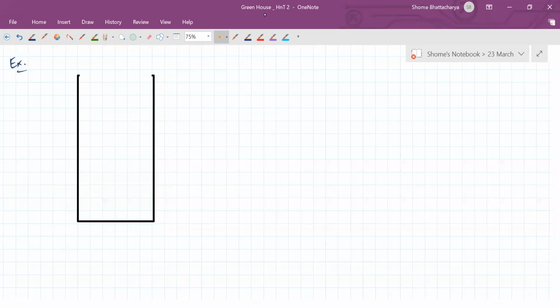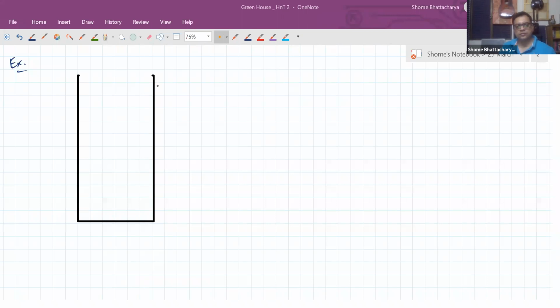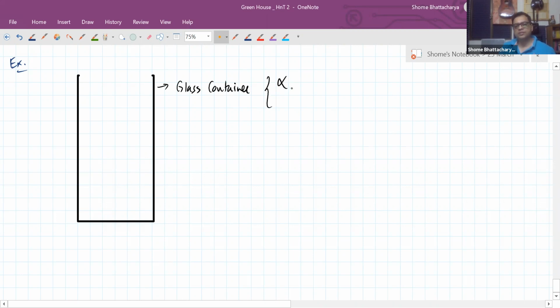So next up, we have this example problem where we have a glass container. So suppose the coefficient of linear expansion of glass is given to us as this much, okay.